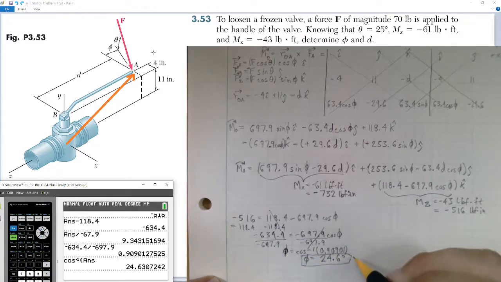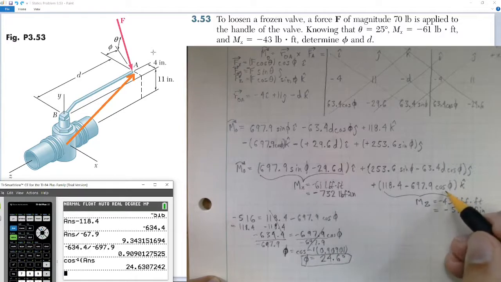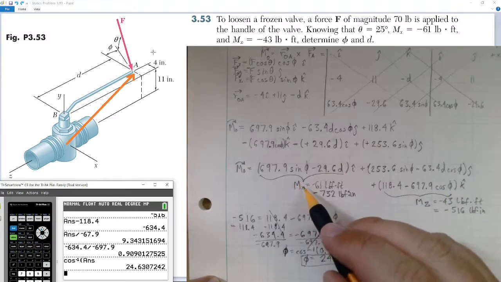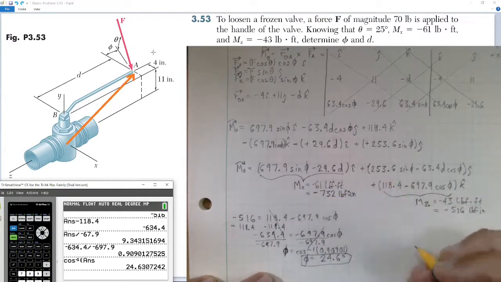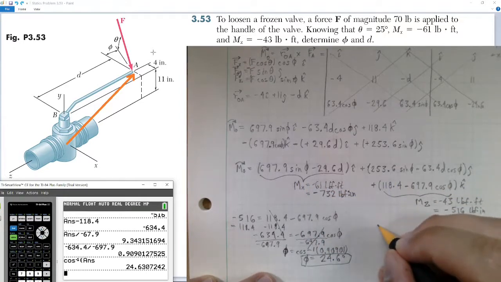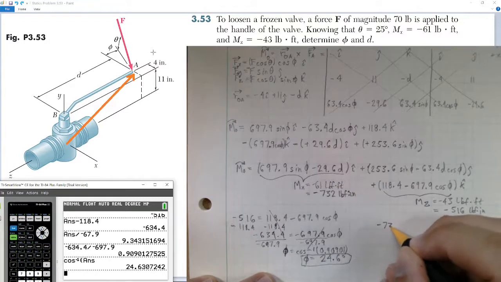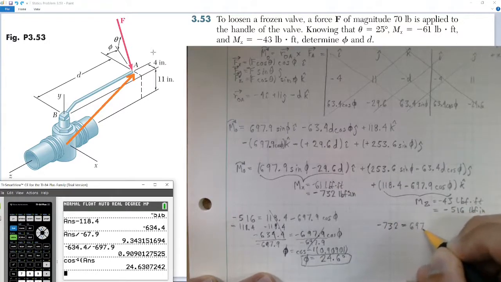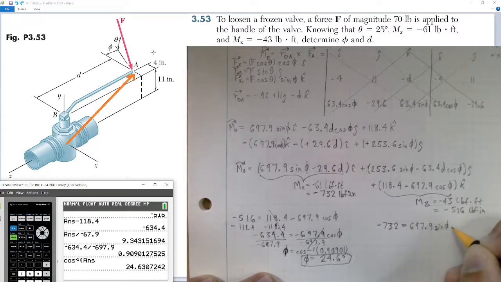We can use this now to determine our value of d in the moment about the x-axis equation. So set this up. We would have negative 732 is equal to 697.9 sine of phi minus 29.6 times d.